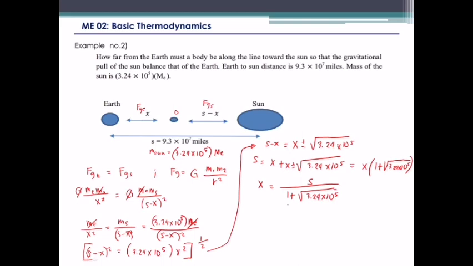So if we substitute the value of s, which is 9.3 times 10 to the power 7 miles over 1 plus this one.